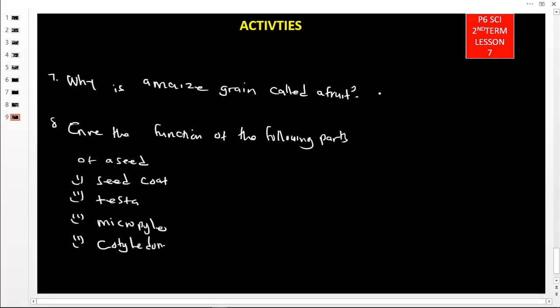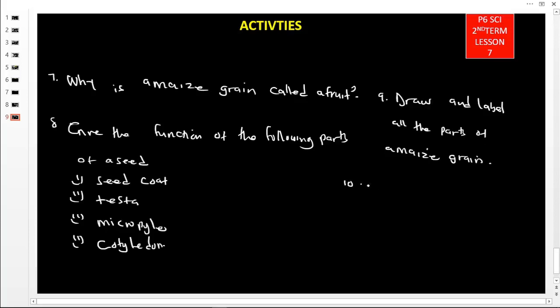Number 9, draw and label all the parts of a maize grain.